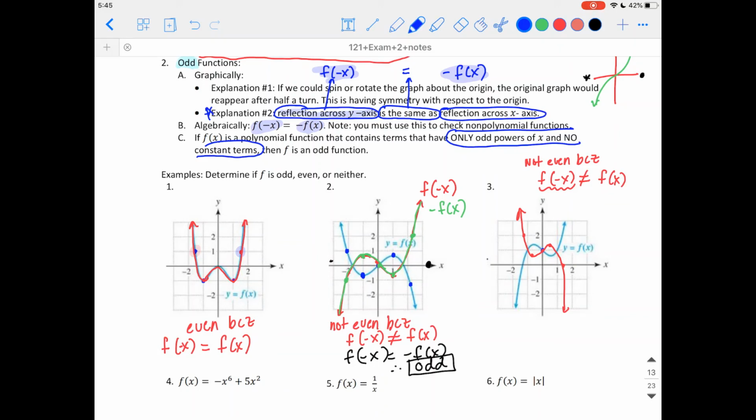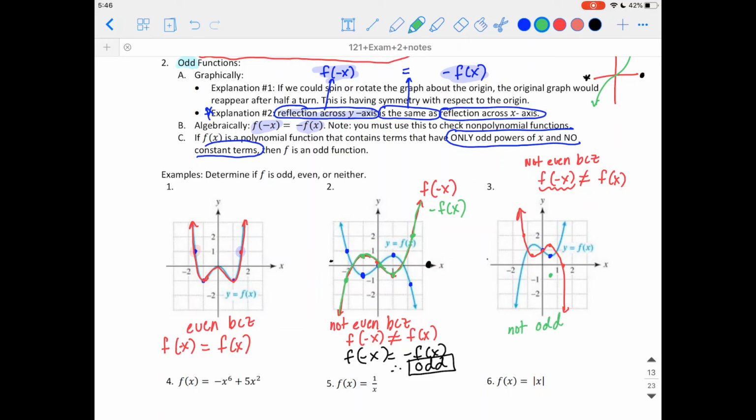If I start off with this point right here, and I'm going to reflect it across the x-axis, I'm going to end up somewhere here. So if you notice, I can stop right there. I'm not landing on top of the red graph, which is the reflection across the y-axis. So I'm going to stop right there.